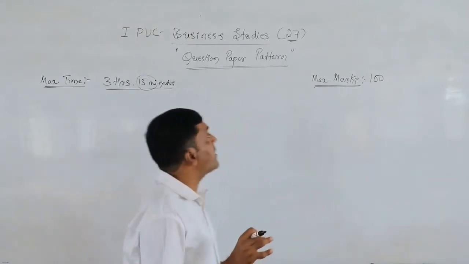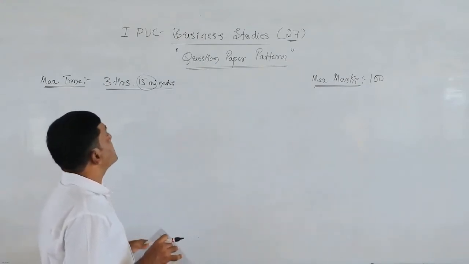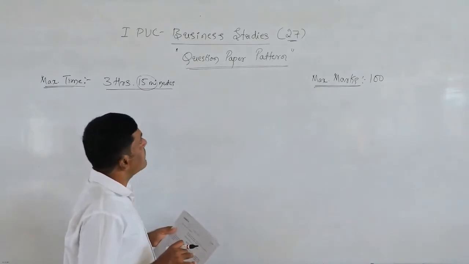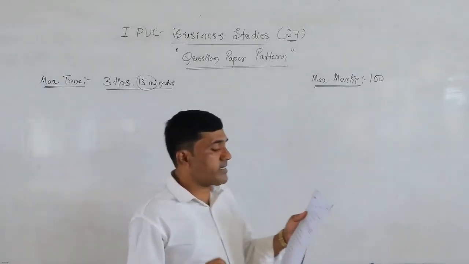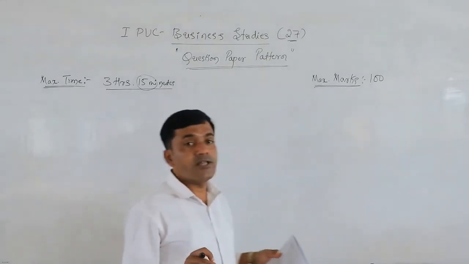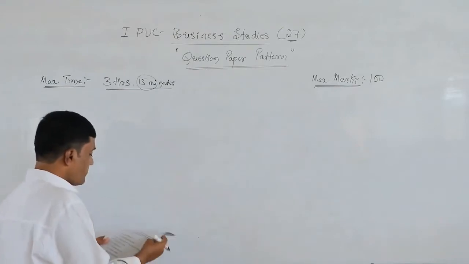While answering the question paper, we need to write the appropriate serial numbers in the answer sheet. The second one is to write the correct and complete answers, then only you can get the full marks.